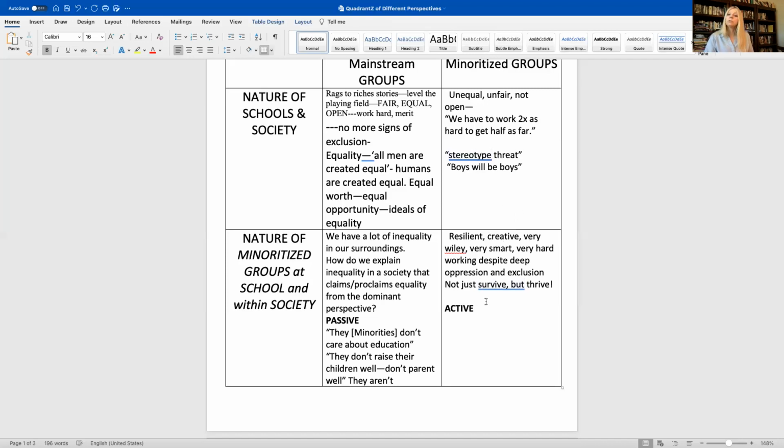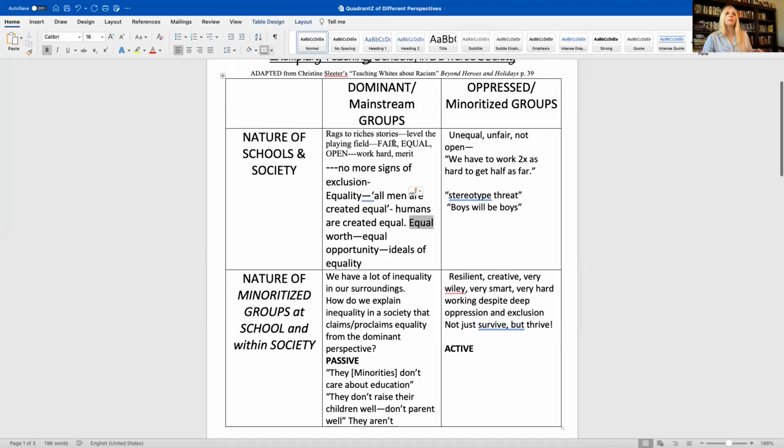So that's what I want you to take away from this, this active and passive, that the perspective over on this dominant side here looks at the deficit and passive rather than the active agent.